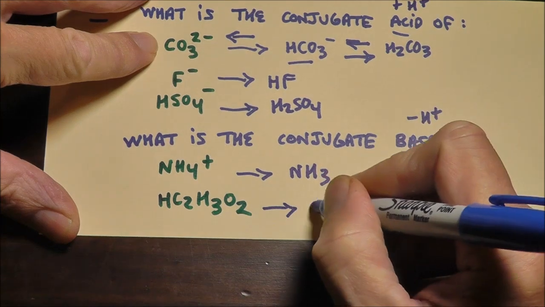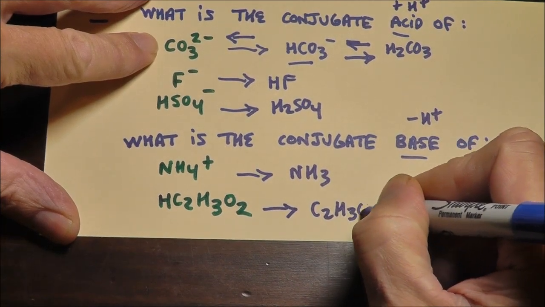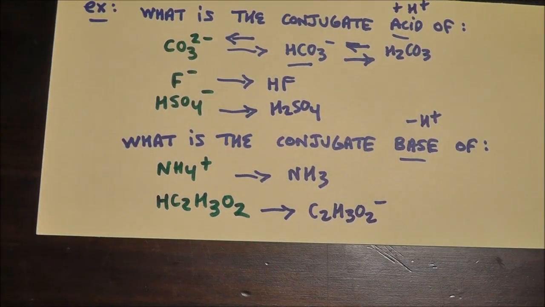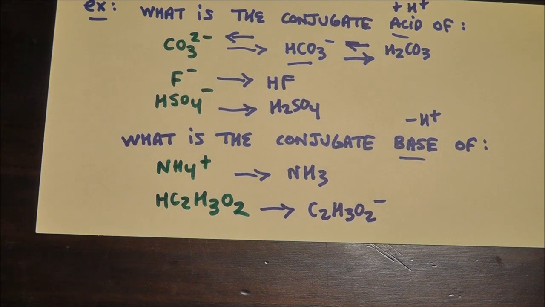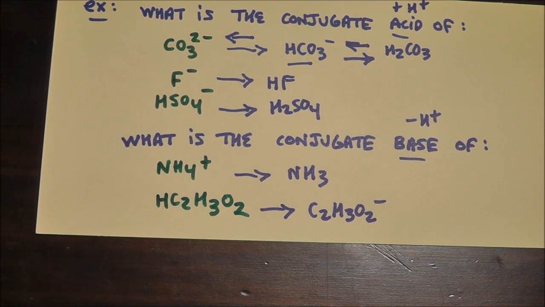And the acetate ion is the conjugate base of acetic acid. So don't really worry about what it is. But if they ask you for the conjugate acid or base of something, you're just putting on or taking off a hydrogen ion. And so there you have it.